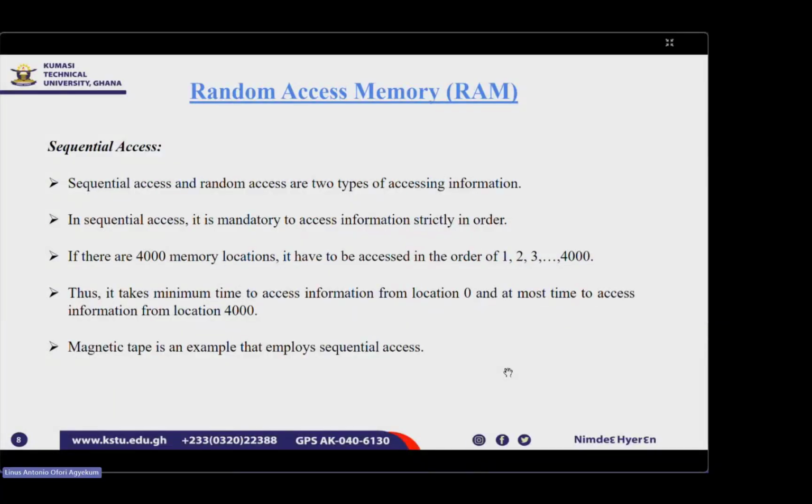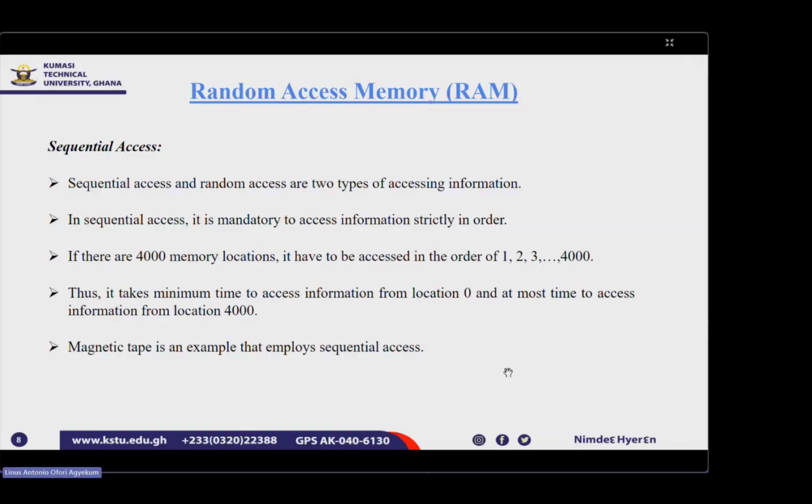So when we talk about sequential access, what it means is that data can be accessed from the RAM in a strictly sequential manner or in a strictly orderly manner.